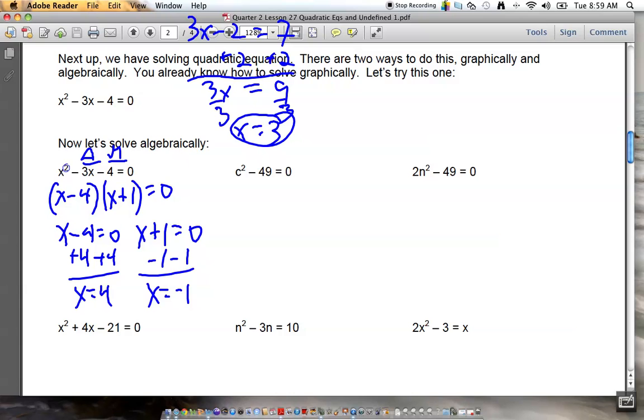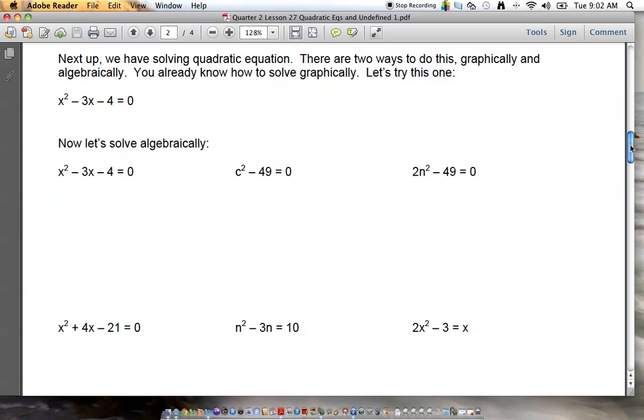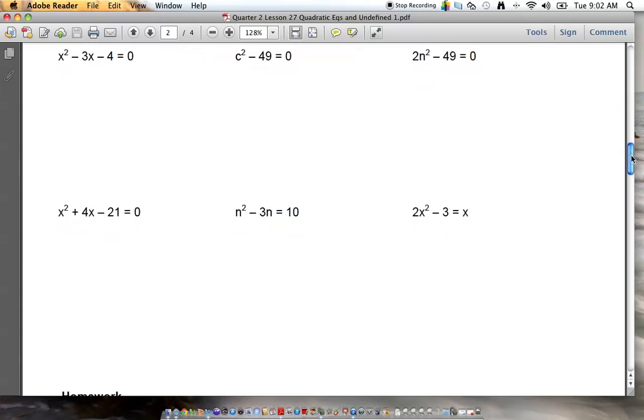Now, let's see you guys try x squared plus 4x minus 21 equals 0. Go ahead. Remember, factor it, and then maybe it's the guy on the left, maybe it's the guy on the right.